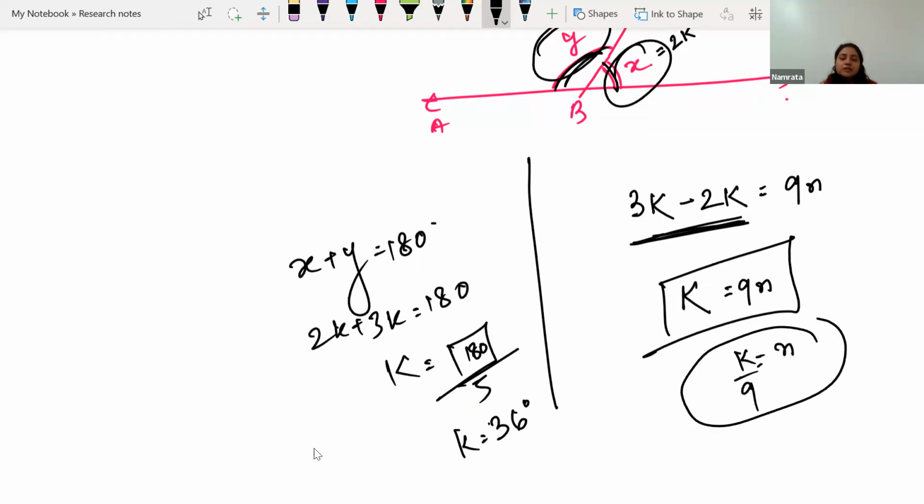And we have to find k by 9. We have already got one condition and kept it aside. So n will be 36 by 9, that is 4. n will be 4.